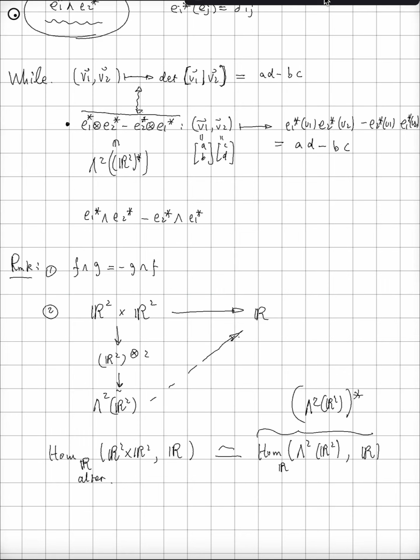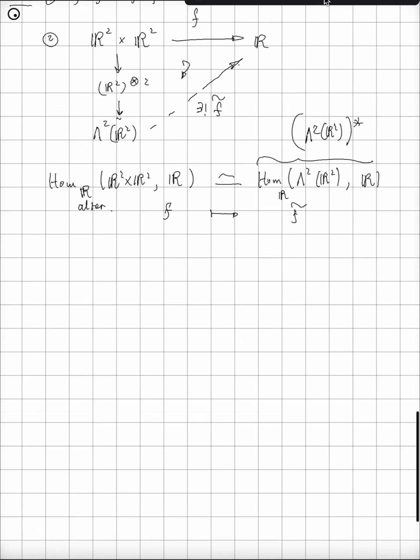And the map is, this is your f, then your map to this f tilde by universal property. This is basically the isomorphism. And because of our exercise, this is isomorphic to R, or to Q.